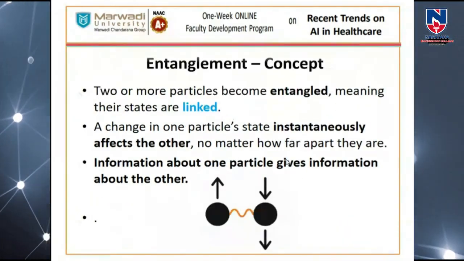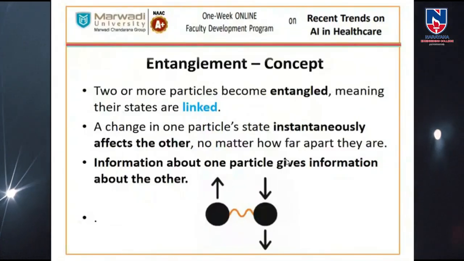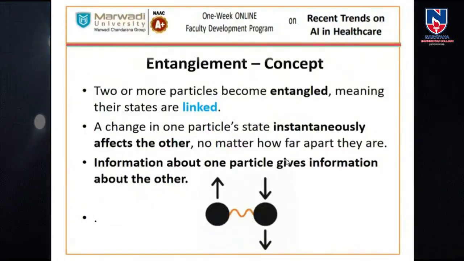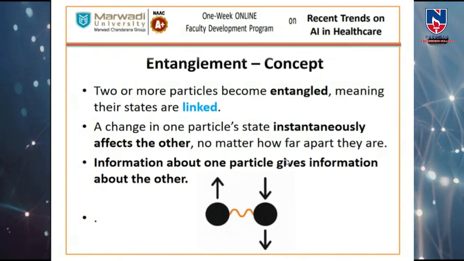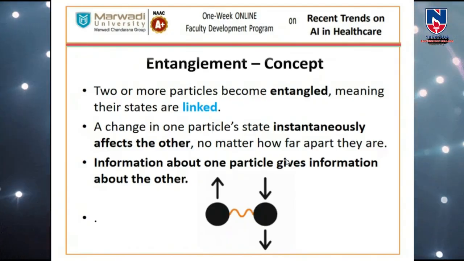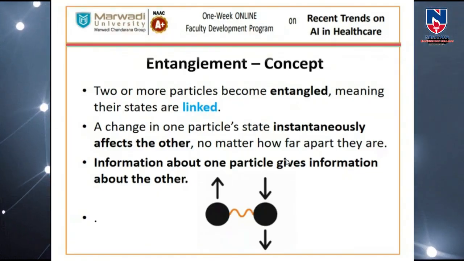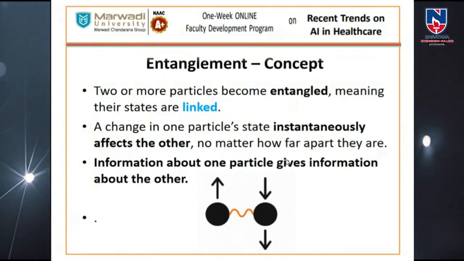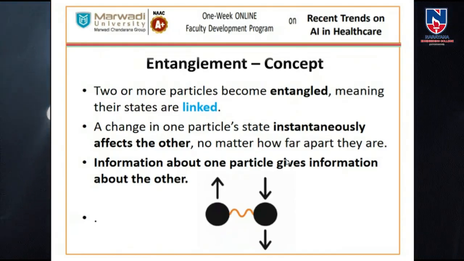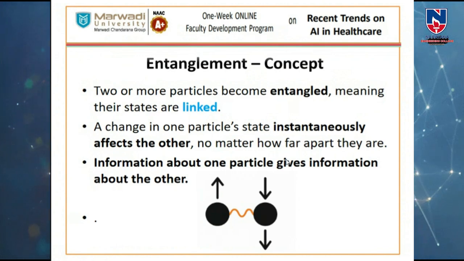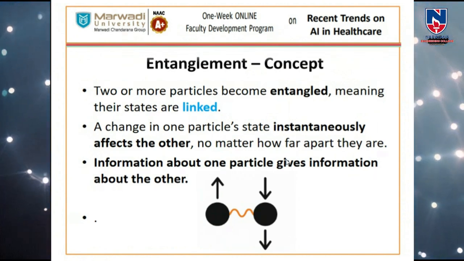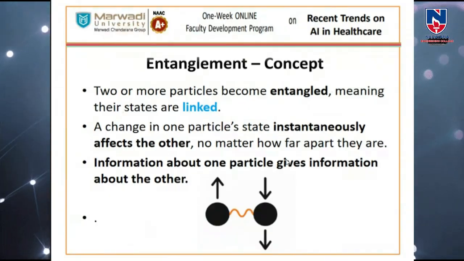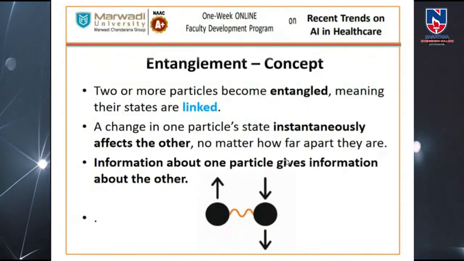Another concept we are going to use is entanglement. That means two bits are interrelated or entangled, linked together in such a way that by knowing the state of one bit, we are able to find the other particle's state without measuring it. That means the measurement becomes unnecessary.